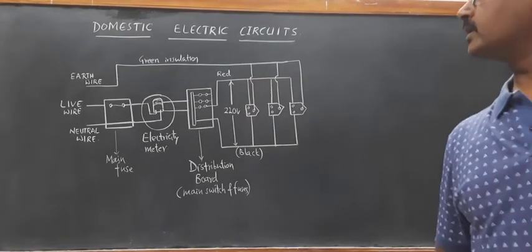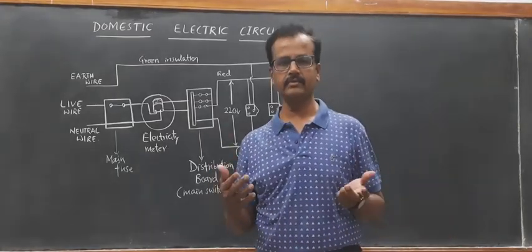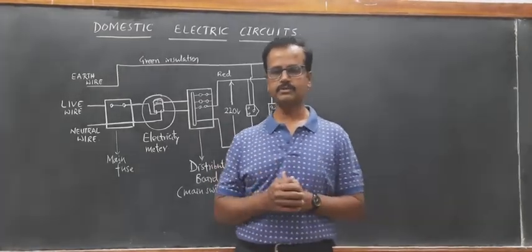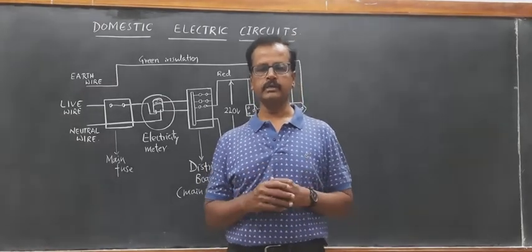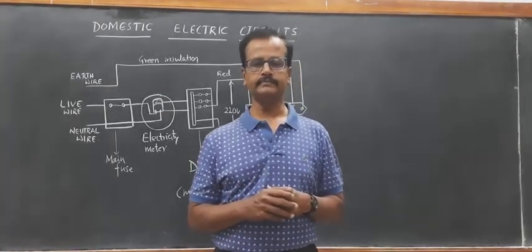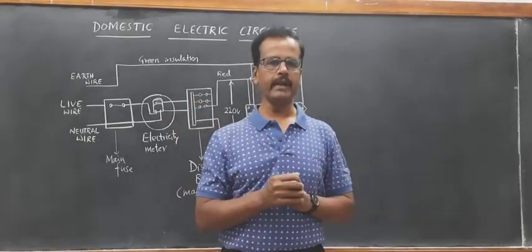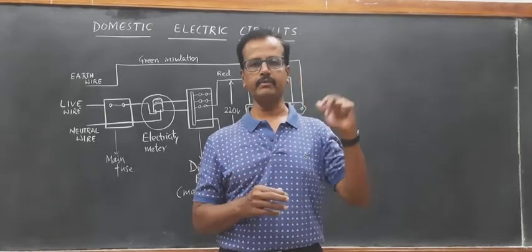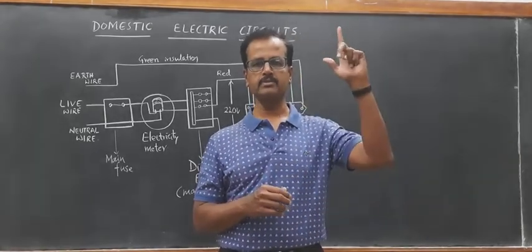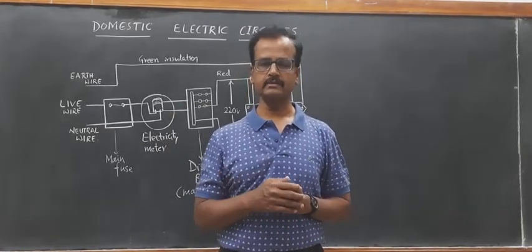Now we will learn about domestic electric circuits, the electric circuits that are used in our homes. As I said, we use alternating current in our homes or school building. Anywhere, we get the electric current from overhead electric poles, or through underground cables.